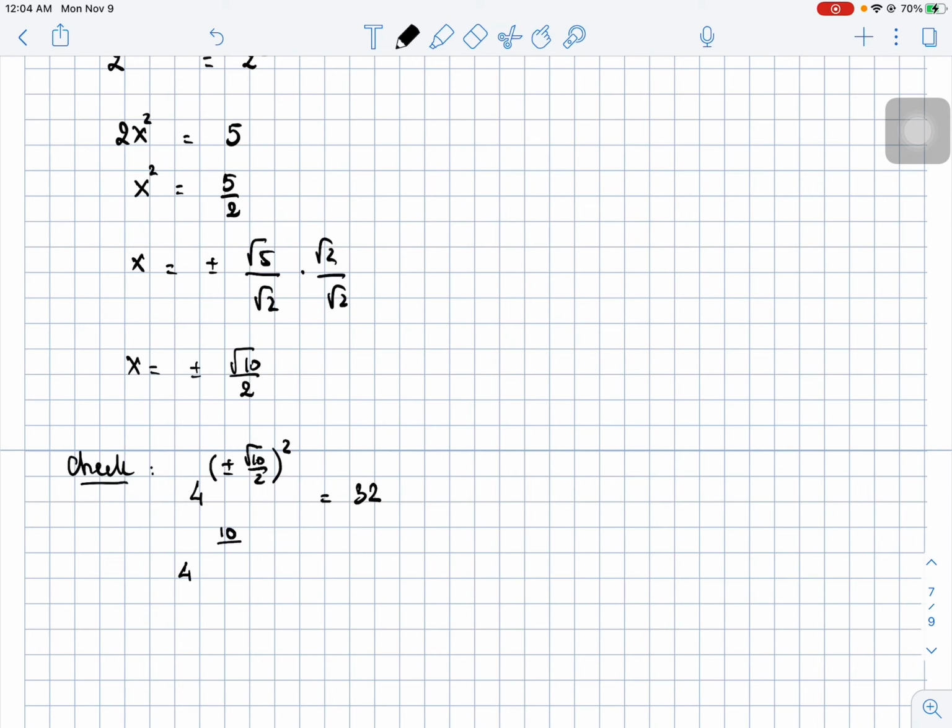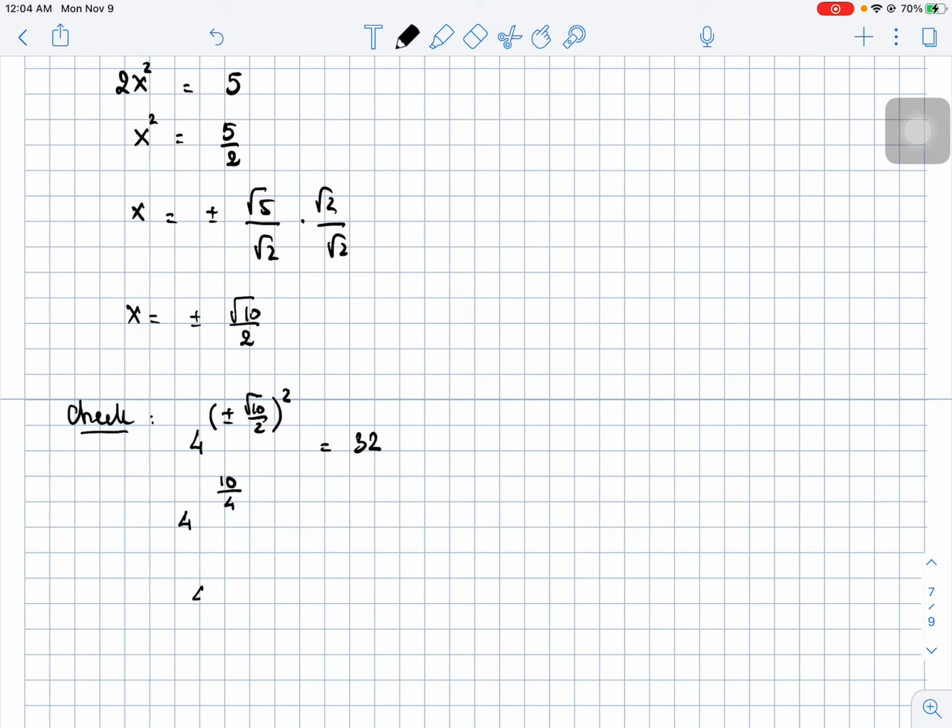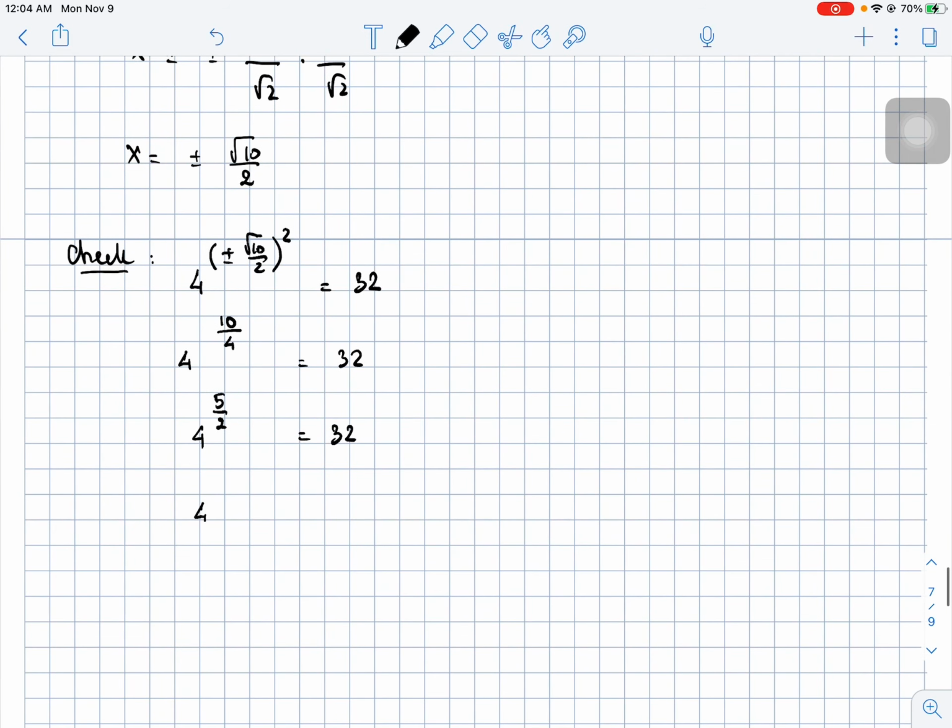So on the top we have 10, because the square root of 10 squared is 10, and in the bottom is 4. So 5 over 2 equals 32. In this case, we will use the calculator. 5 divided by 2 is 2.5. We check the calculator and the answer is correct, so it's true.